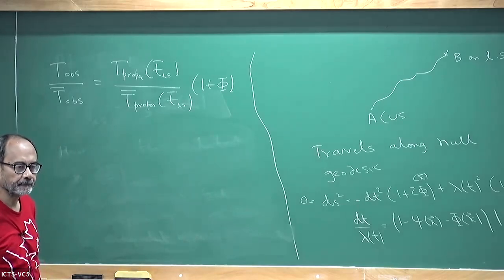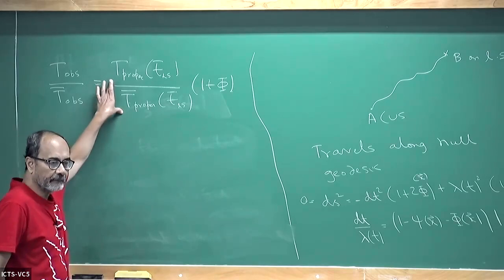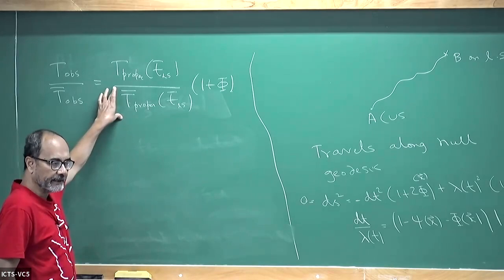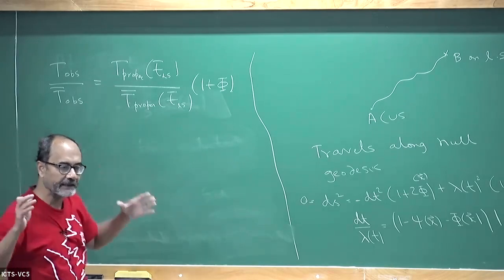Okay. This ratio is something that we had calculated last time, because this is 1 plus delta T over T. Remember the delta T over T that we calculated?